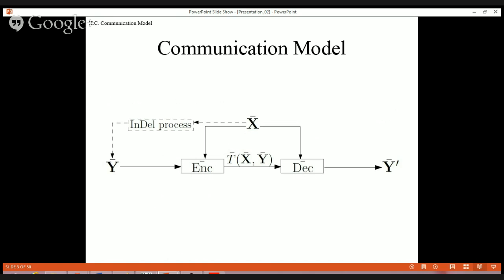The encoder takes X and Y as inputs and encodes a transmission and sends it to the decoder. The decoder receives the transmission and, combined with the old file, reconstructs the new file, Y prime.